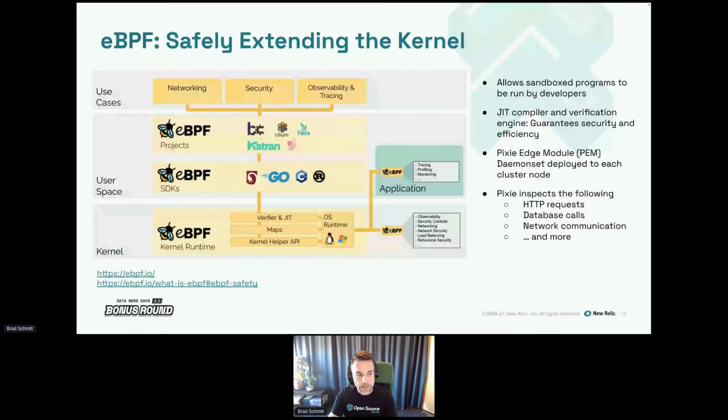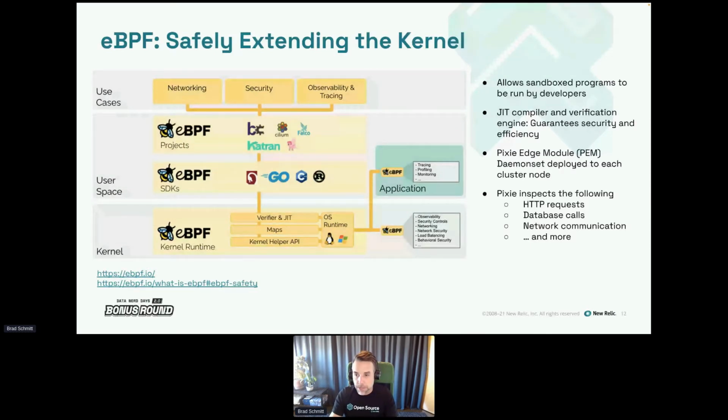There are various SDKs that allow you easier access to run eBPF programs in the kernel. But what we are most interested in, at least for this presentation, is understanding how this works and how it relates to application observability. So eBPF essentially allows you to run sandbox programs within the operating system using a just-in-time compiler.